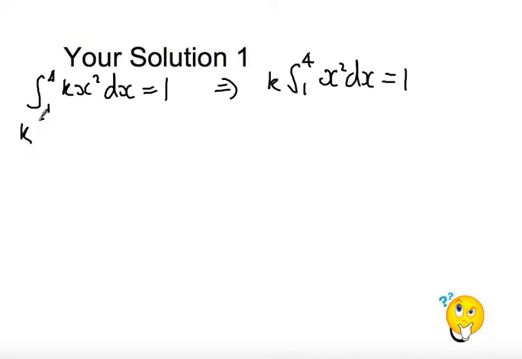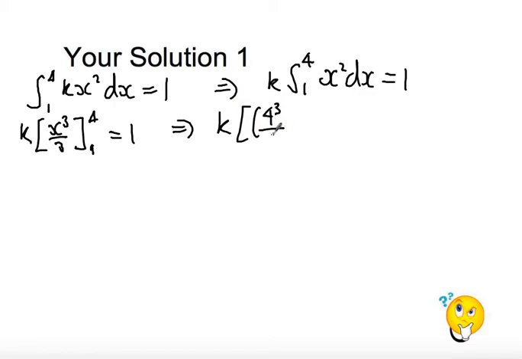So when I integrate, I get k times x cubed over 3 between 1 and 4 is equal to 1. And so when I evaluate this, k times 4 cubed over 3 minus 1 cubed over 3 is equal to 1.